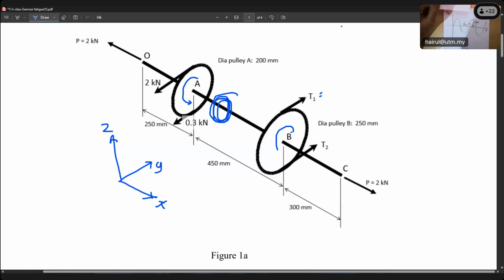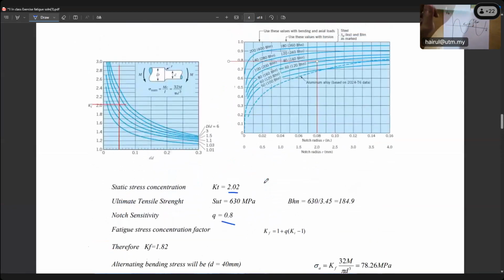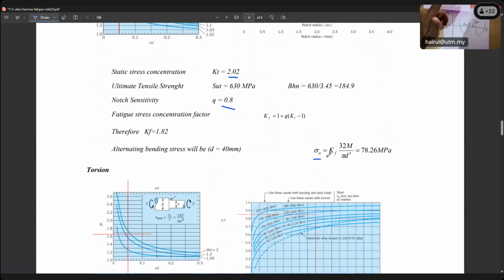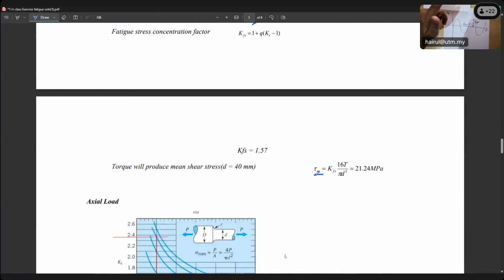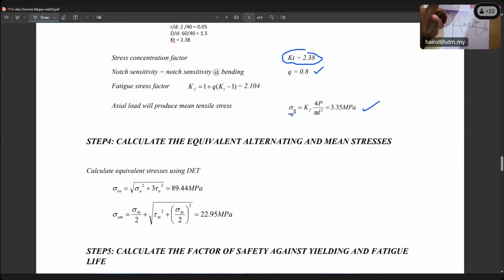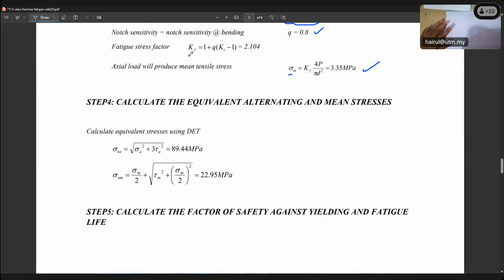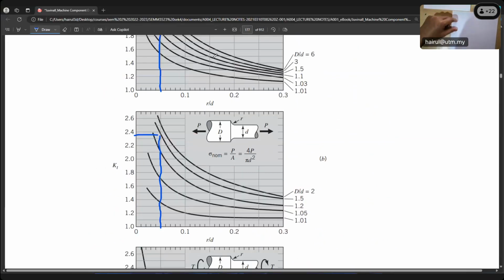That's why in the solution, you look at the bending sigma A. Can you see bending sigma A? Torsion only has sigma mean, and axial also sigma mean. Remember this equation. In your textbook, and also in this solution, you can find it under chapter 8, page 338.